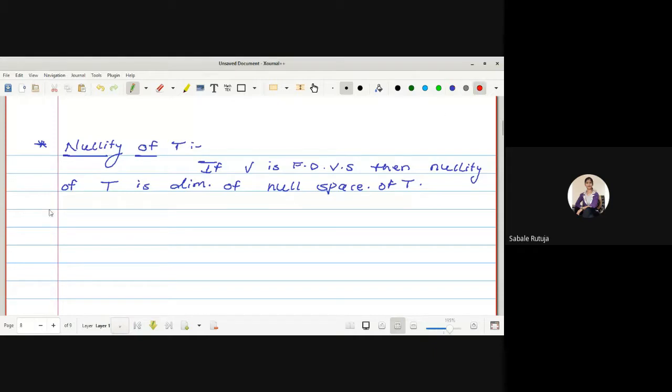What is rank nullity theorem? Rank plus nullity is equal to dimension of domain vector space. Very good. The rank nullity theorem.